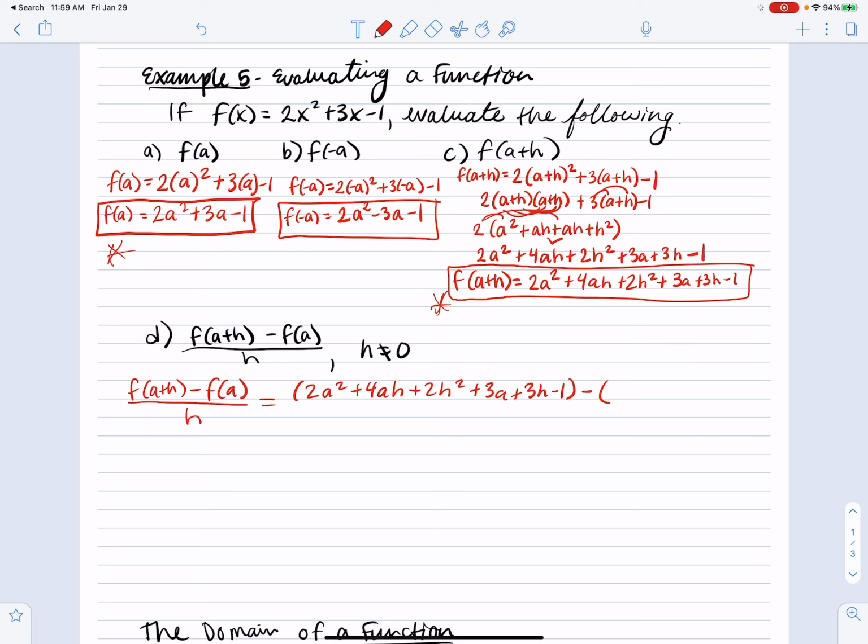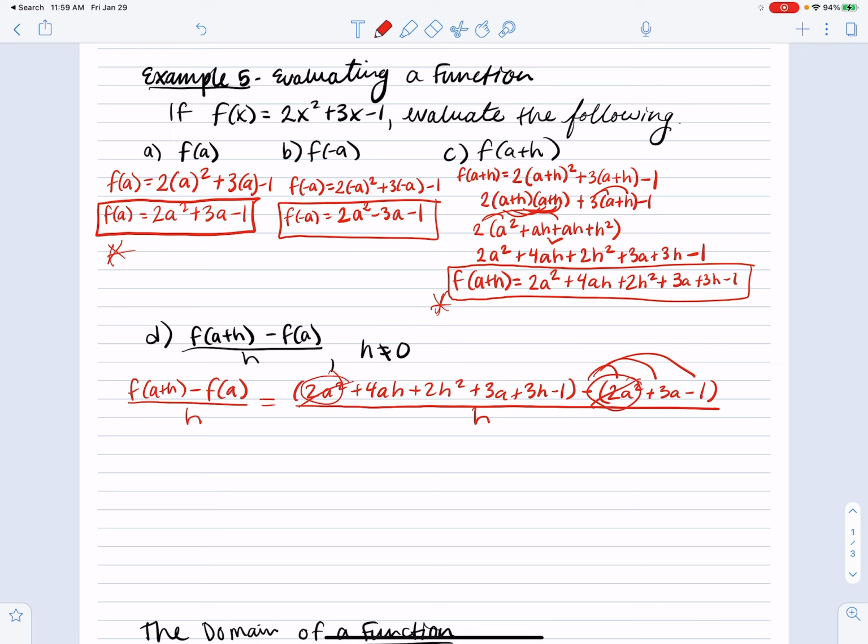Minus, and remember, you're going to have to distribute that negative to all those spots eventually. So that actually simplifies to this 2a squared cancels with this negative 2a squared.